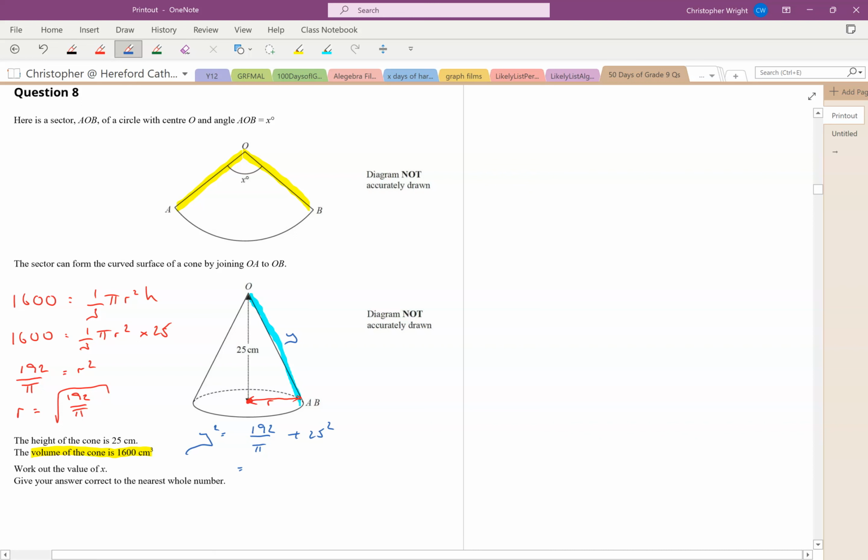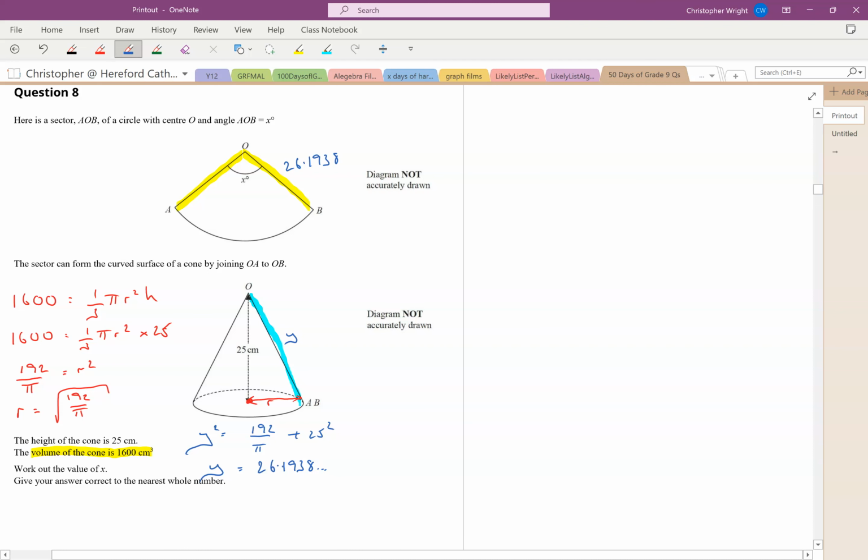On my calculator: 192 divided by pi, add on 25 squared, and square root my answer. That tells me y is 26.1938, and so on. That is the length from O to A, and also from O to B on the diagram up the top.